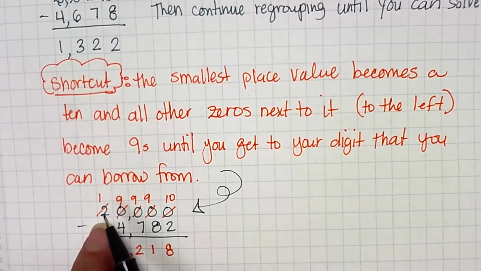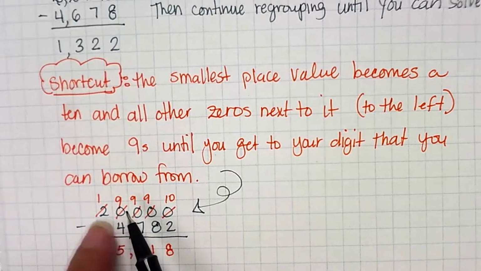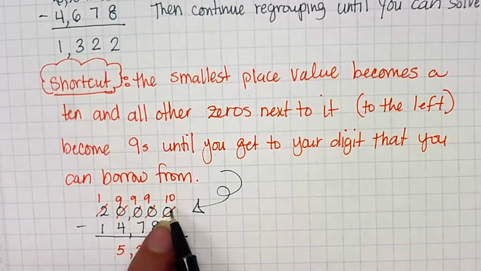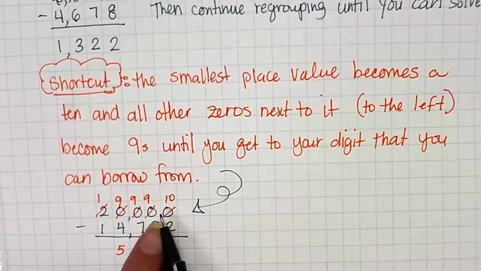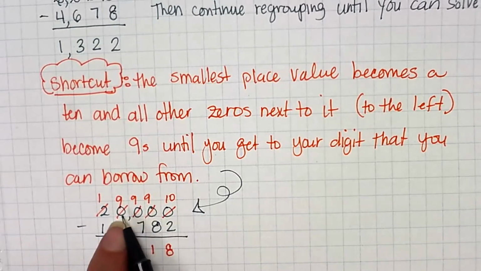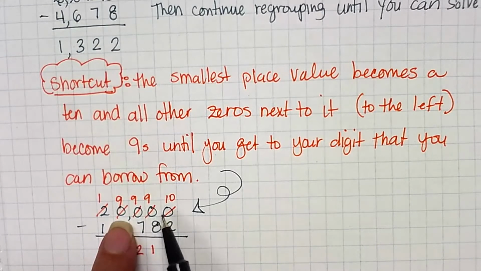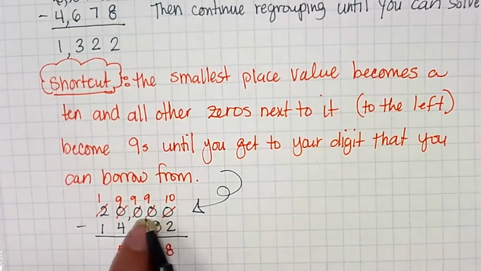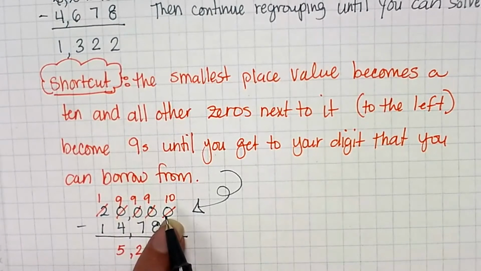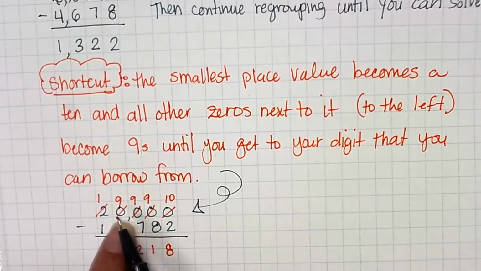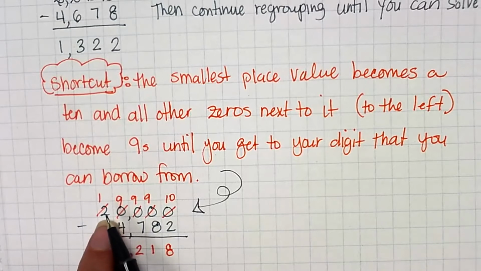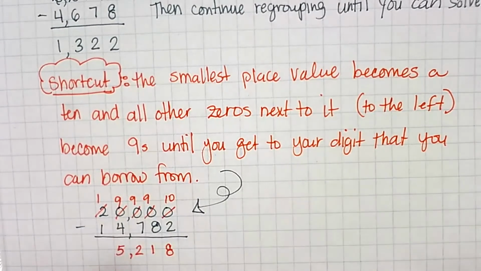So this is going to drop down 1 the way we usually do when we regroup. The first 0 in that tens place, or wherever it is, is going to become a 10, along with the zeros that are directly next to it. If there's a number in between, you can't do this; you're going to be borrowing from that number. But since these are all zeros, the first one becomes a 10 and the rest of them become 9s until you get to a digit that has value in it, and you're going to borrow from that.